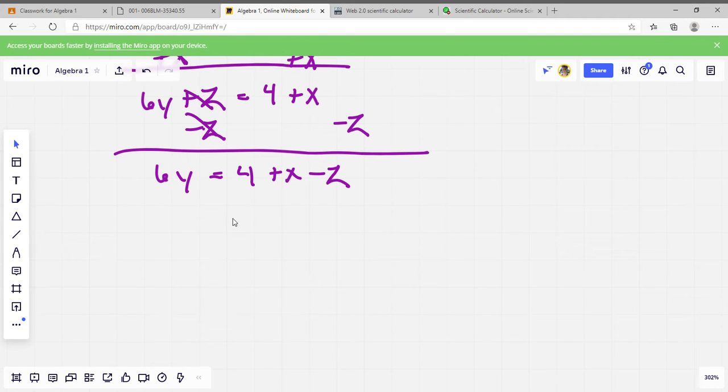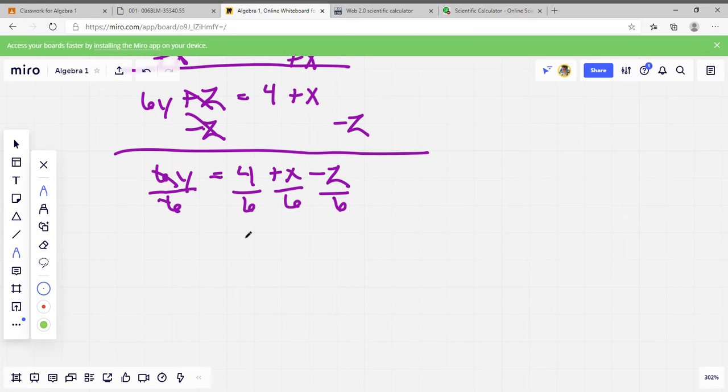Now, to get the y by itself, we're going to have to divide, because that means 6 times y, so we've got to do the opposite of that, divided by 6. And we have to do that to each one of these on the other side here. Those cancel, and we get y equals 4 over 6, which would be 2 over 3, plus x over 6 minus z over 6.